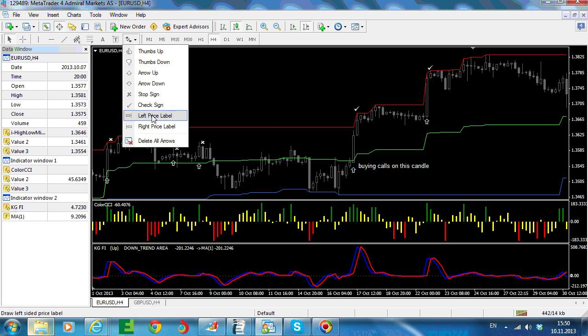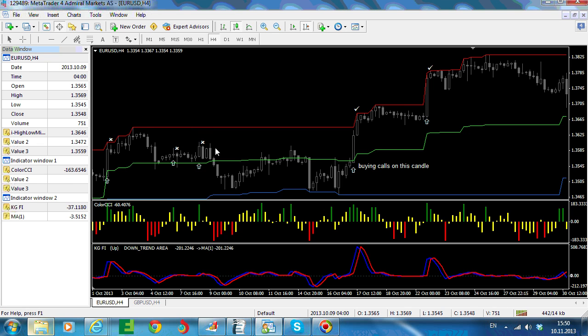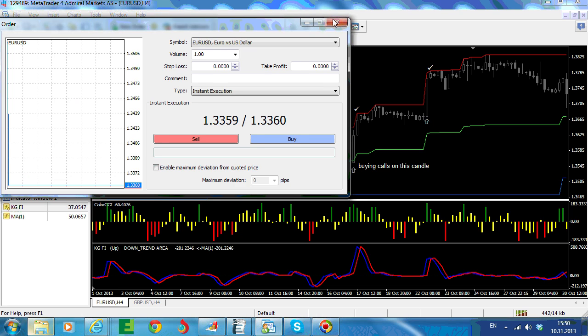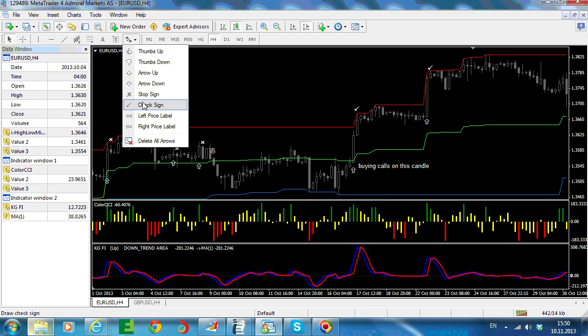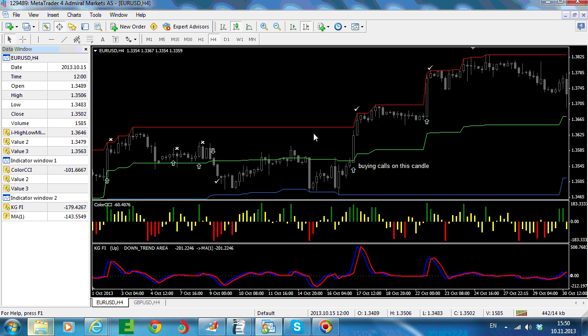So normally we should engage into buying puts here. We are buying puts on that candle with the expiration being the end of the very next candle, and this is a successful binary option. This one expired in the money, so we should put it on the wins.